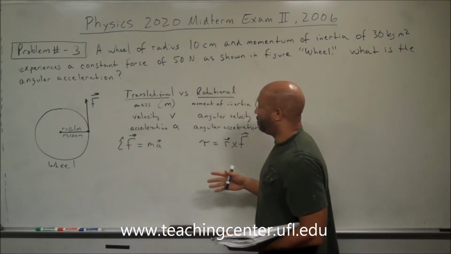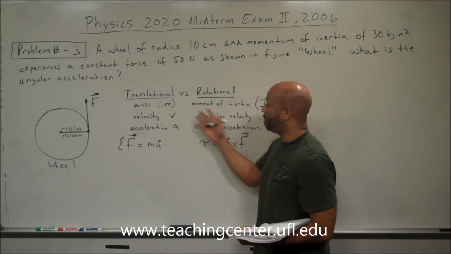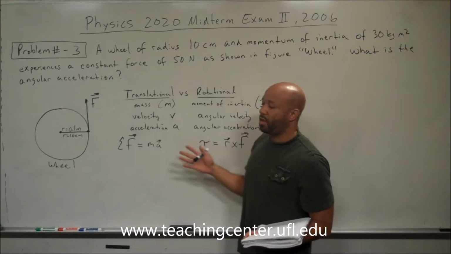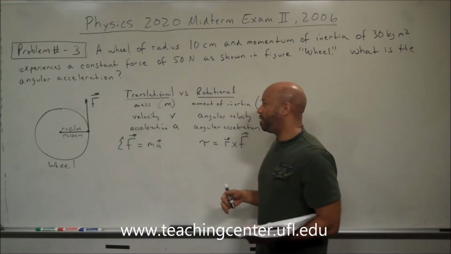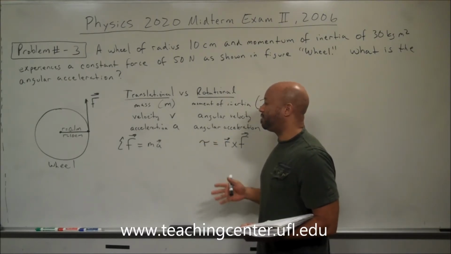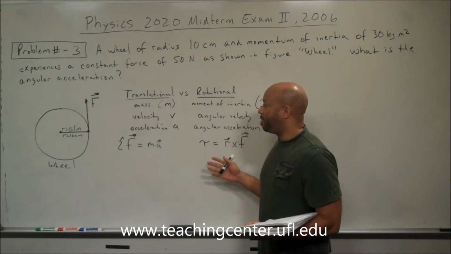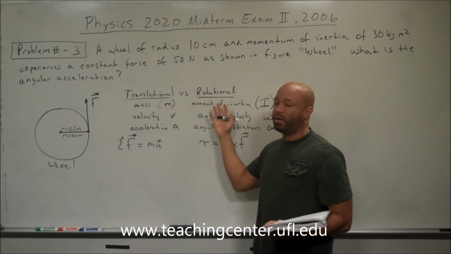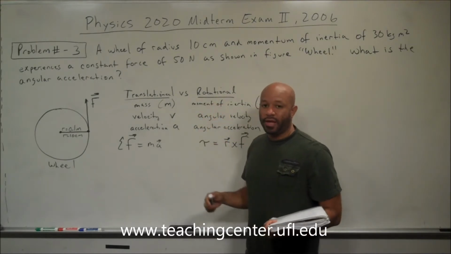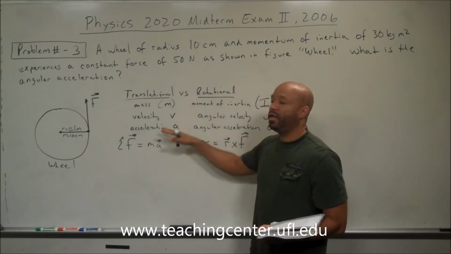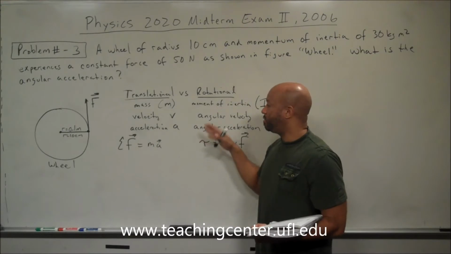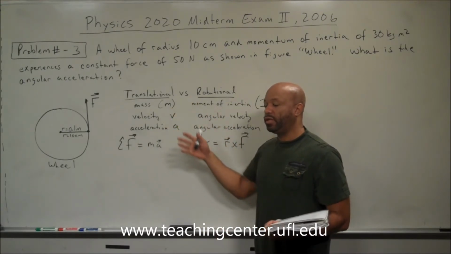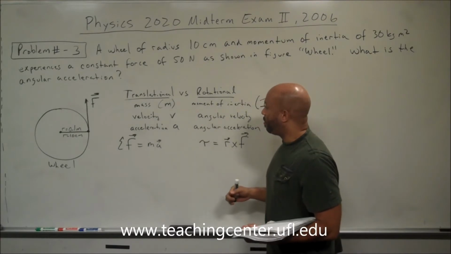So I want to give you just a quick background. In order for you to understand this problem and work through it, you have to understand that we have translational motion and rotational motion. And basically they're analogous to each other. Translational motion is basically linear motion in a straight line.